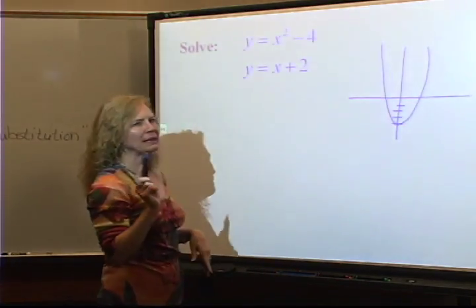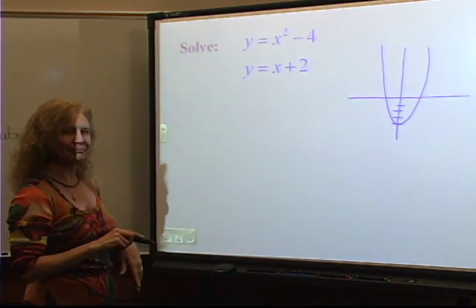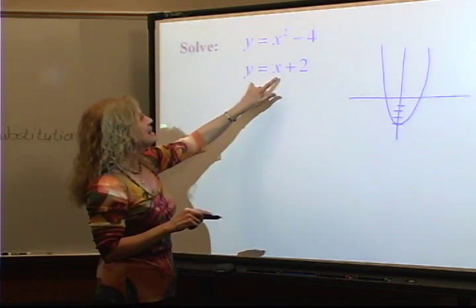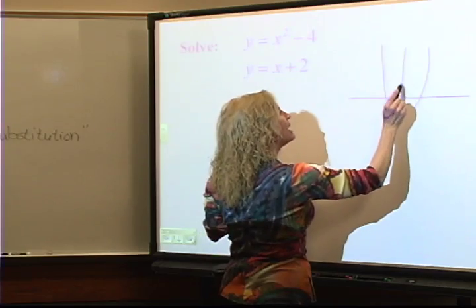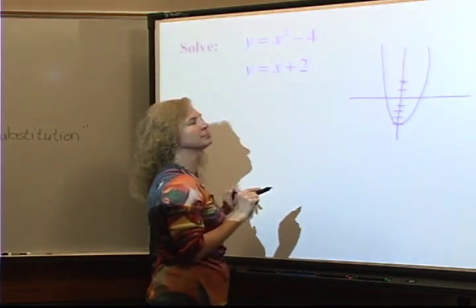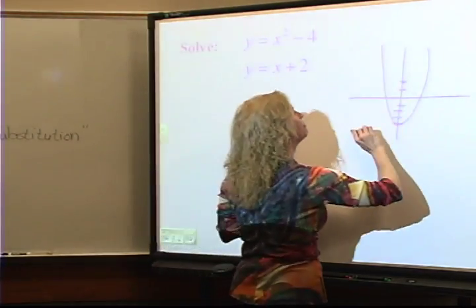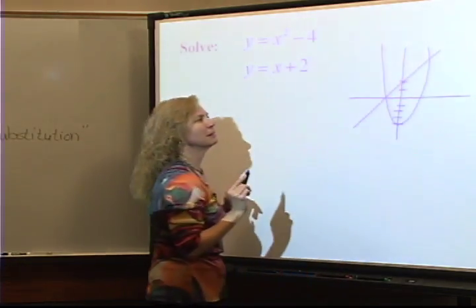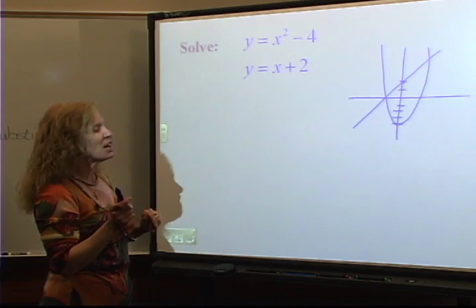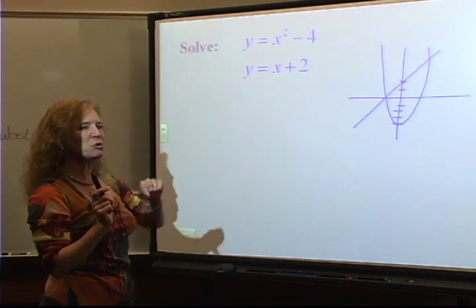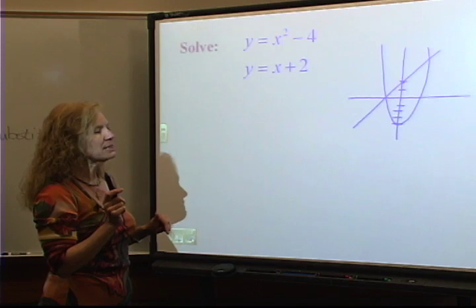Now I'm just making a really rough sketch there. Then this guy is a straight line. He's crossing the y-axis at 2, and he has a slope of 1. Now the reason I made that really quick sketch, I'm not getting my answers from the graph, but look at that.